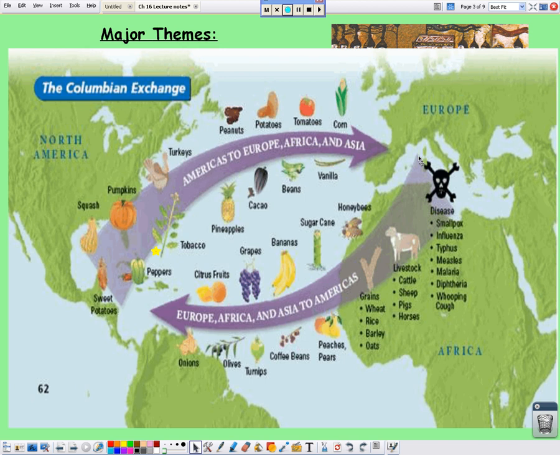They didn't have large domesticated animals. Cows, horses, sheep, goats, pigs did not exist in the New World. Well, they had mammoth-sized ones long ago, but they did not have large domesticable animals.